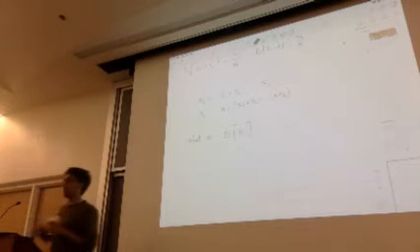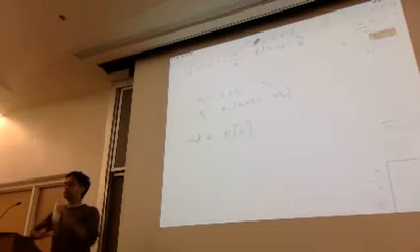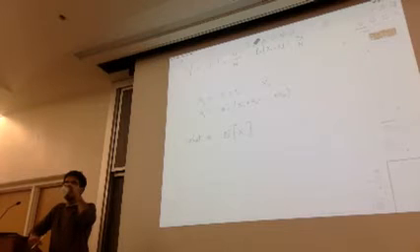So what is the expected value of xi? What would be the obvious expression for this?